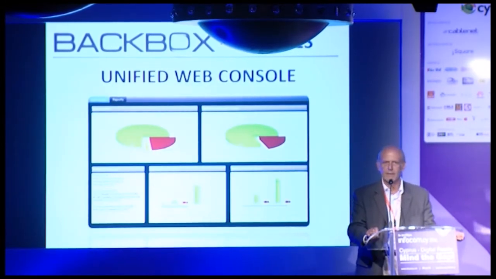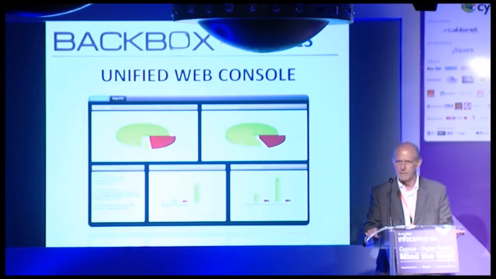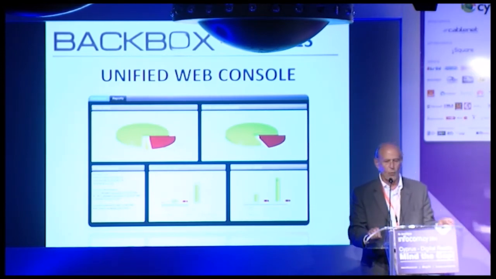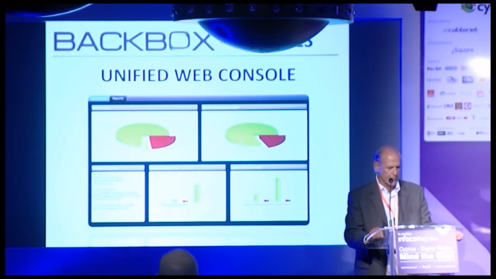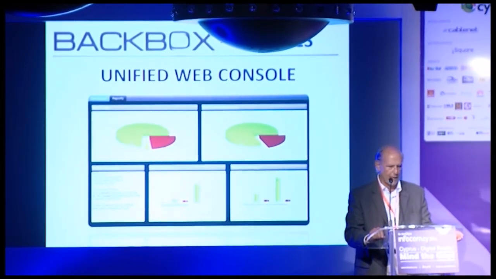This is what the console looks like, the GUI. It brings together everything on the network. It shows you at a glance the status of all of the configurations, even of all of the suppliers on the network, and in the lower left-hand corner, various information that you need on the network.